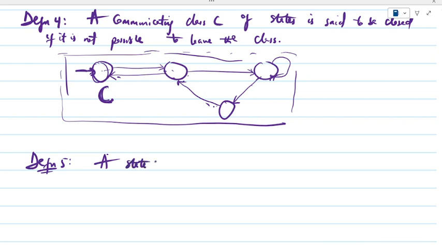So this will also help us to have a definition of another type of state, which is called an absorbing state. We say a state I is said to be an absorbing state if I is a closed class.